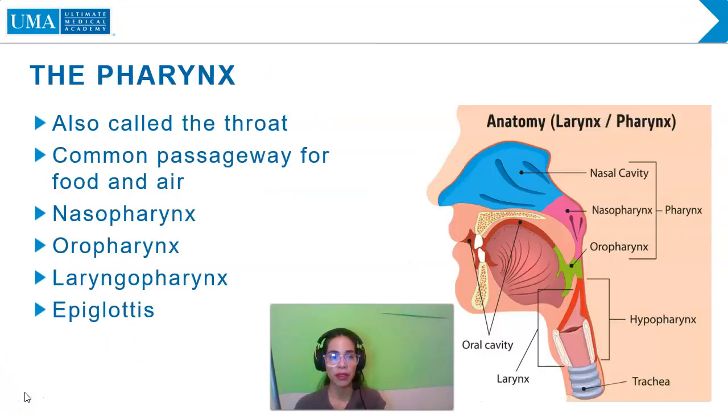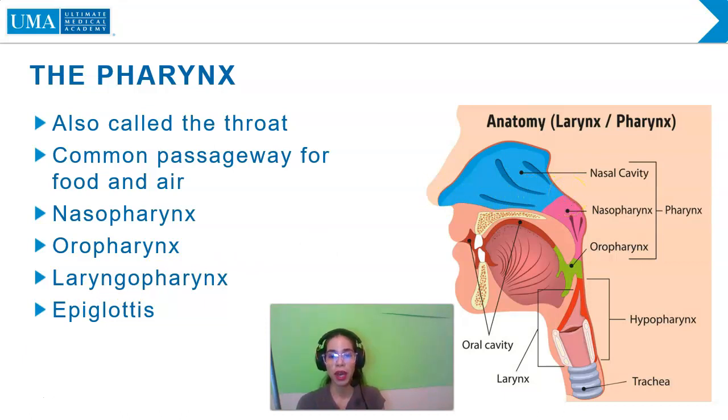Next is the pharynx. The pharynx is also known as your throat. It is a common passageway for both food and air, and is divided into three sections. We have the nasopharynx, which is located directly posterior to the nasal cavity.